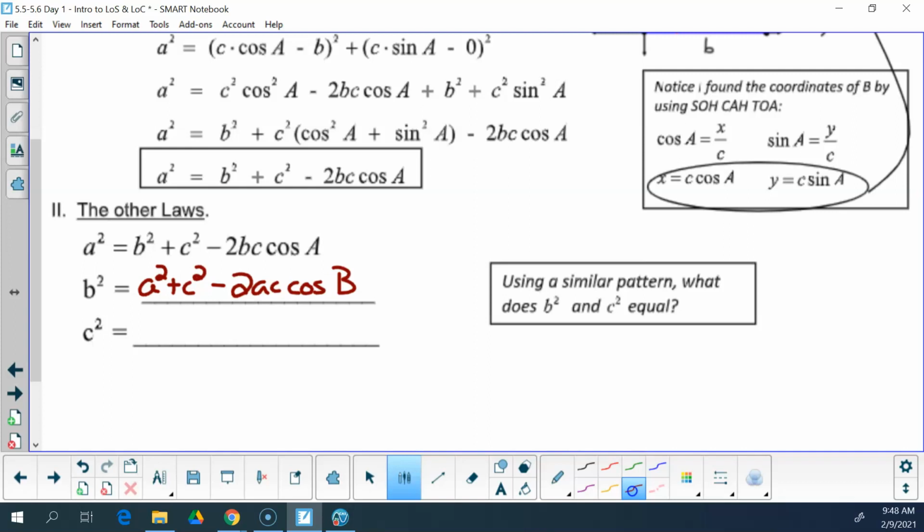C squared is equal to a squared plus b squared minus 2ab cosine of c.